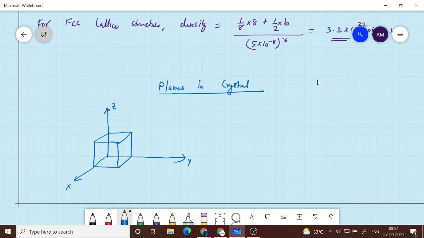Now you can think about different planes in this 3D space. In fact, there are infinite number of planes. For example, you can talk about planes like this bottom plane.